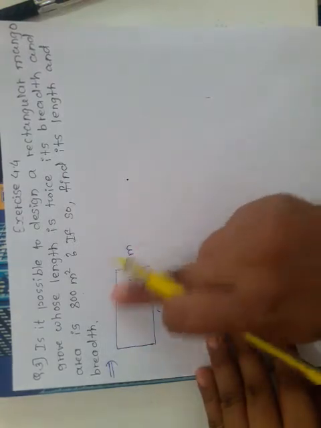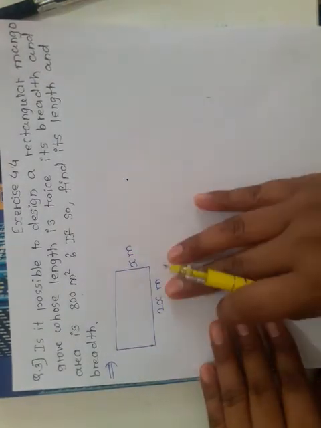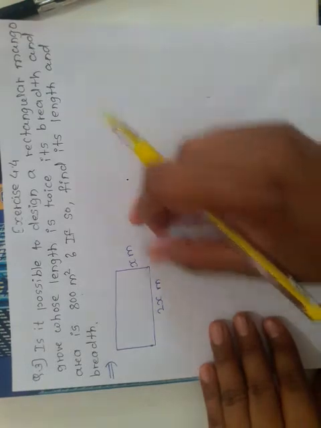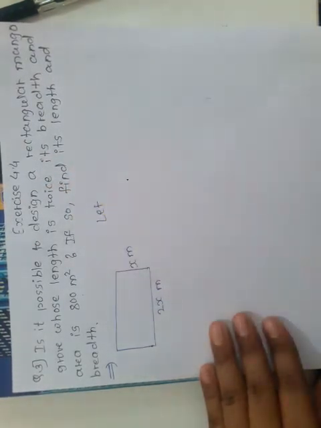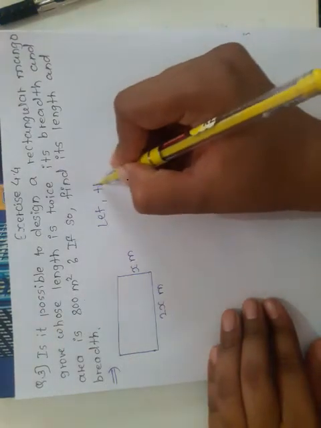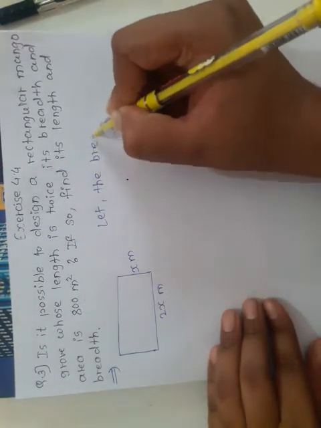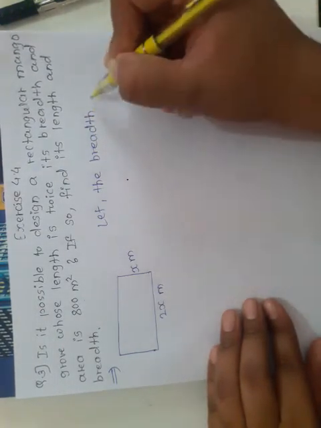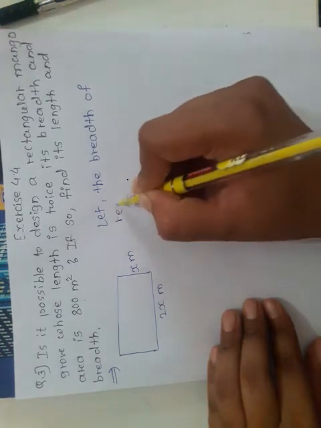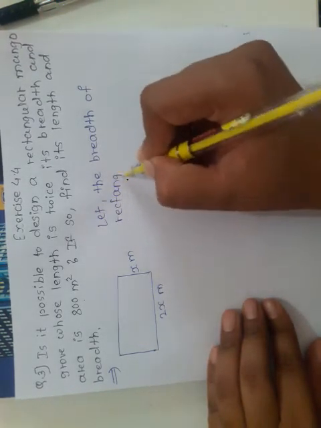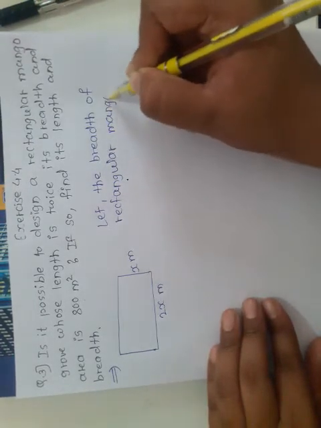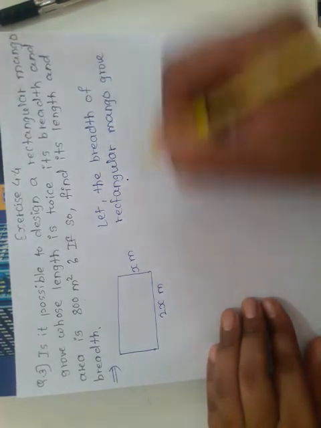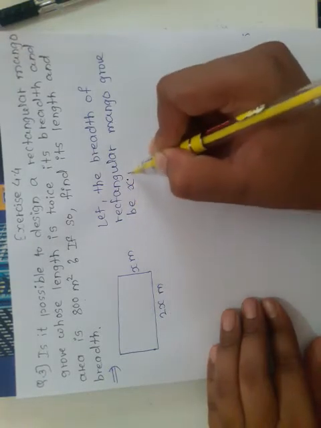And the area of this rectangular grove is given to us. So first, let the breadth of the rectangular mango grove be x meter.